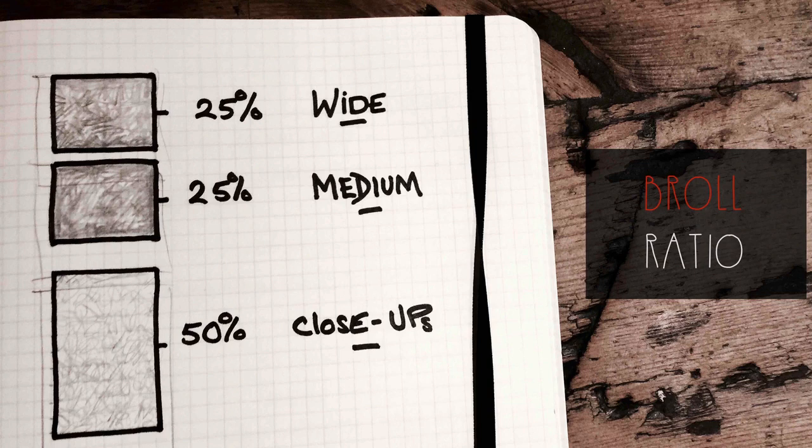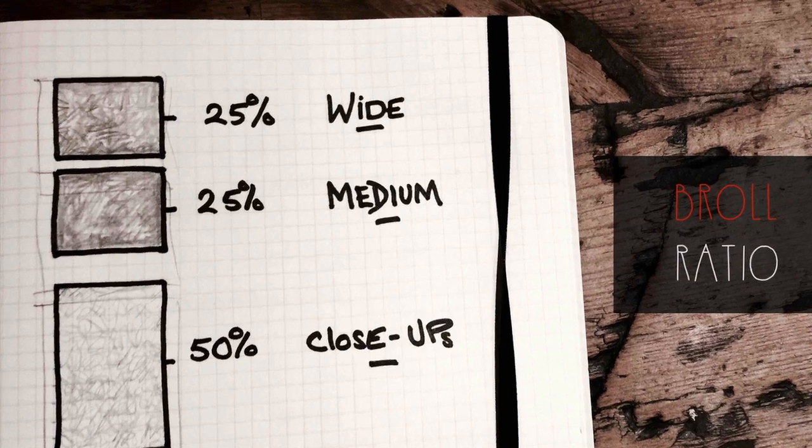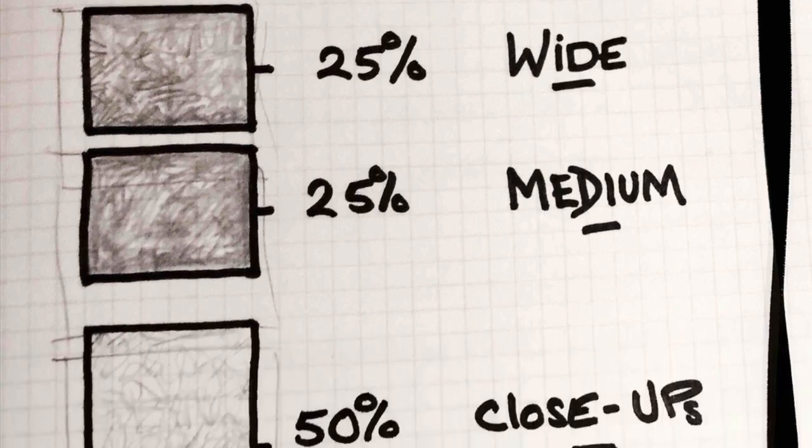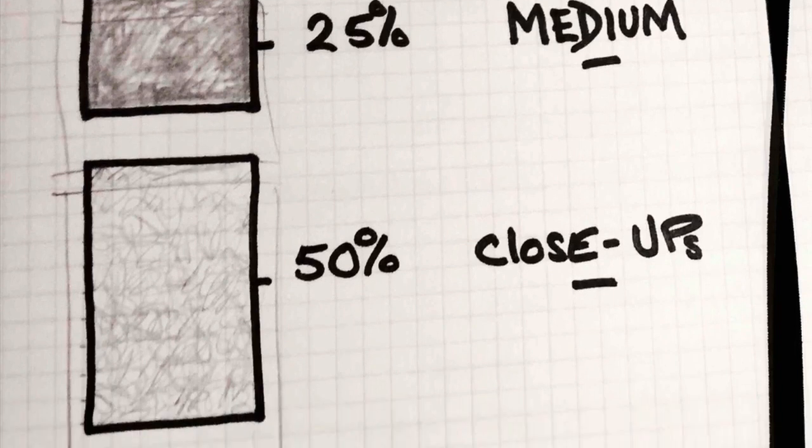When you're getting your wide, medium and close-ups, aim to get, and it doesn't have to be exactly, but if you go for this sort of ratio, I call it the B-roll ratio. Try to get about 25% of your shots wide, 25% medium, and then 50% of those shots close-up.